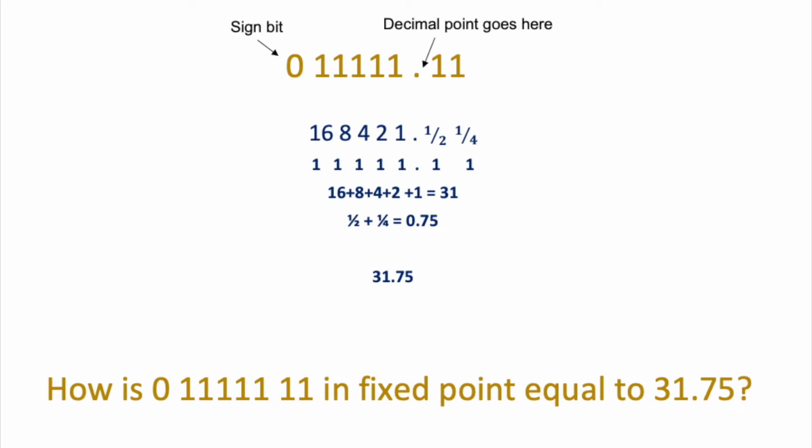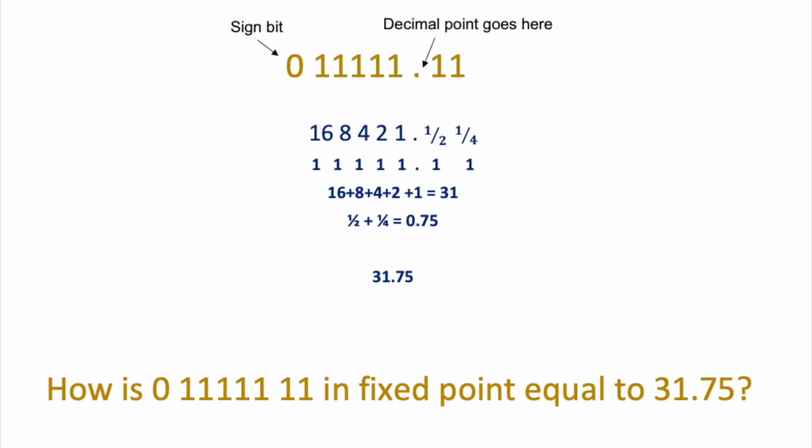Well, because we're not going in tenths and hundreds, because that's obviously in the real world, in the denary system. In a binary system, we're going to be going up as half, quarter, eighth. So a half plus a quarter equates to 0.5 plus 0.25, which is equal to 0.75, which is the fractional part. So you now have 31.75, and it's a positive number.